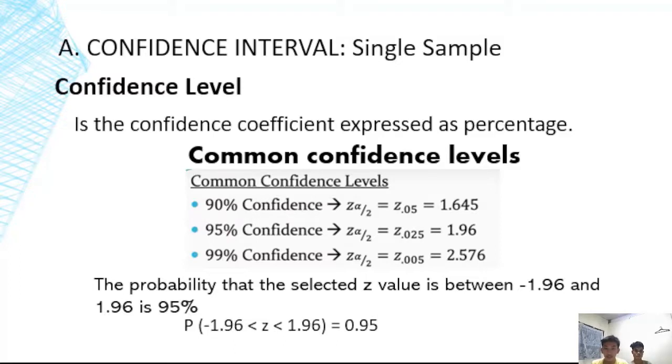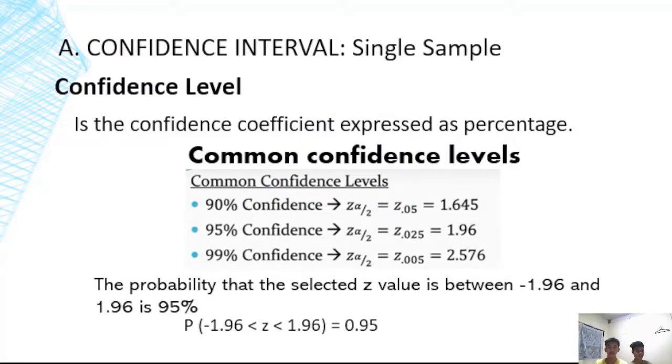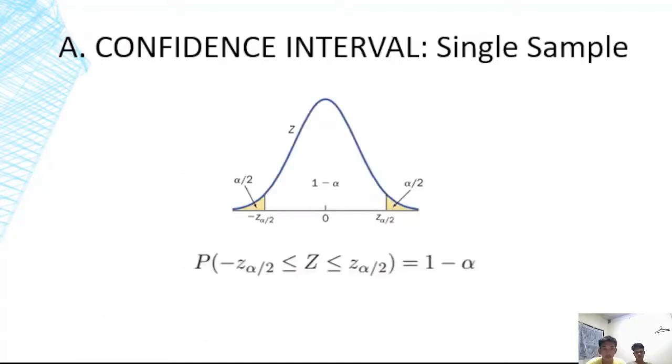The probability that the selected z value is between negative 1.96 and positive 1.96 is 95%. P of z greater than negative 1.96 and z less than 1.96 is equal to 0.95. This value comes from our understanding of the standard normal distribution. To illustrate, we will consider 95% confidence. This general graph can be used for any confidence level.